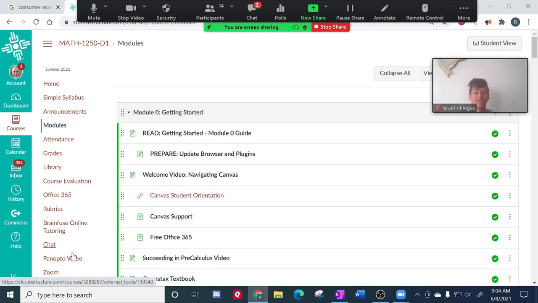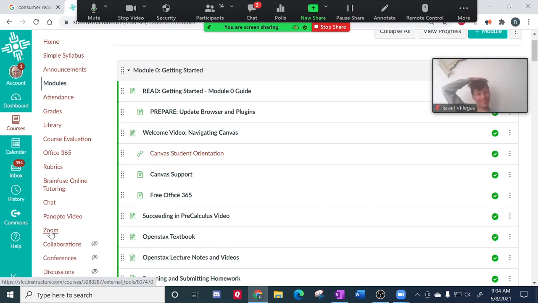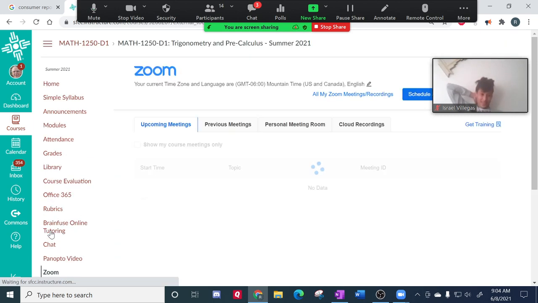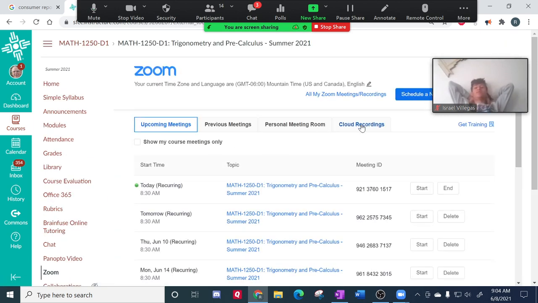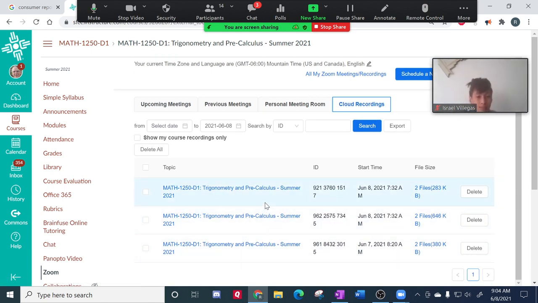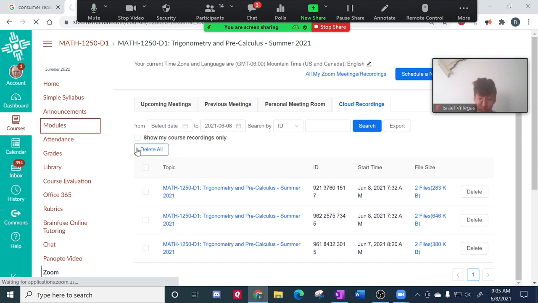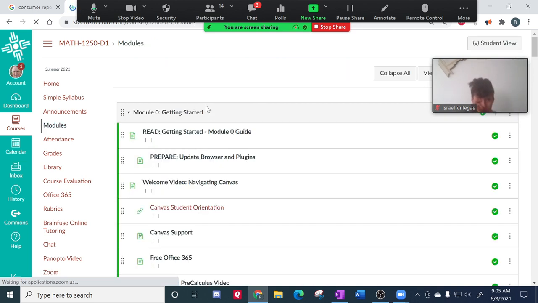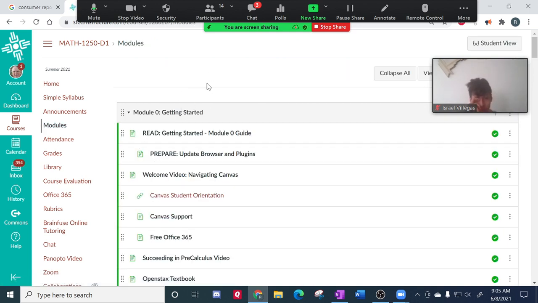In Zoom, oh, by the way, let me show you. In Zoom, they're supposed to be here under Cloud Recordings. These didn't really record our class, so those are useless. So in the modules, I'm going to insert a new module, probably put it right at the top, which has the recordings of each class.